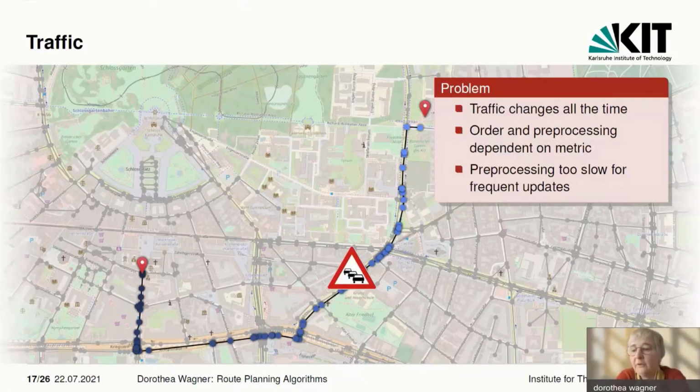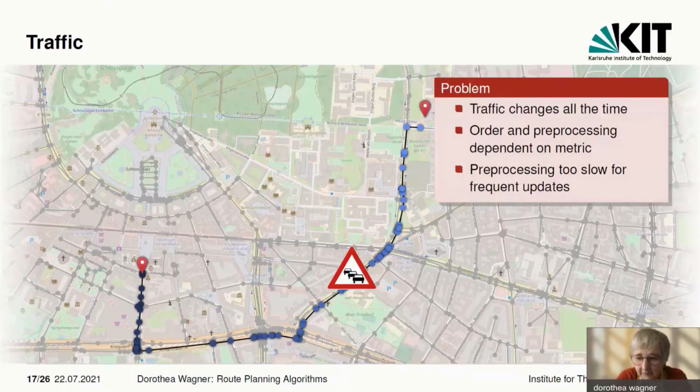Traffic changes all the time. So if the relevant metric we consider is travel time, so the edge weights or lengths of the edges are induced by travel time, then the assumption that the graph doesn't change is no longer true, because the travel time changes over the day, the week, can change because of some accident, whatever.